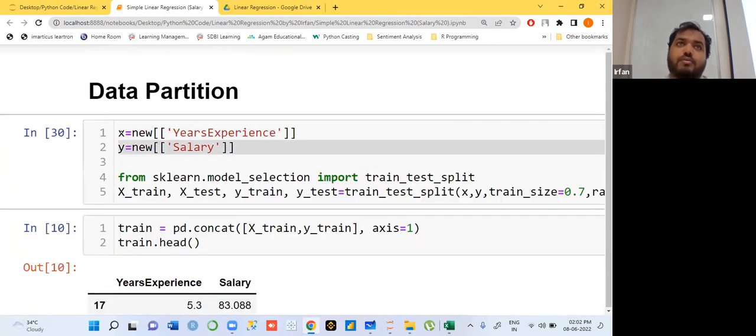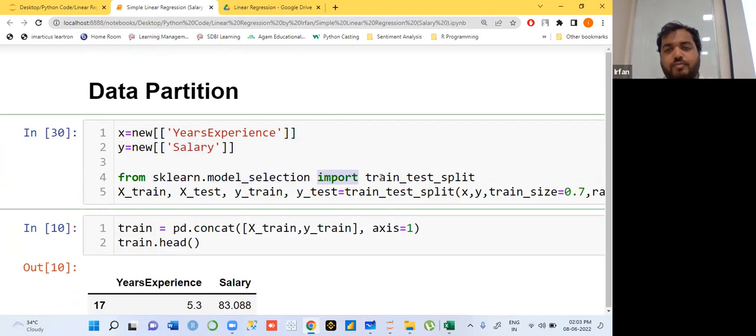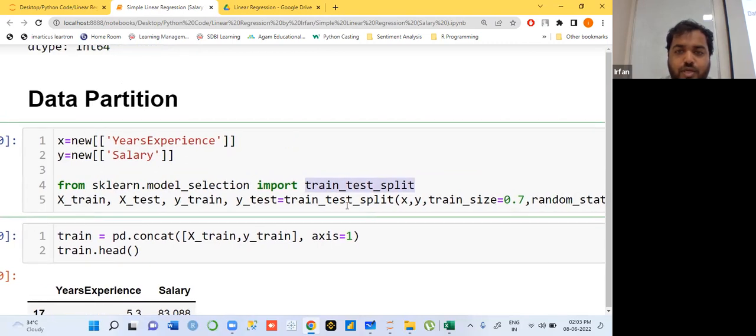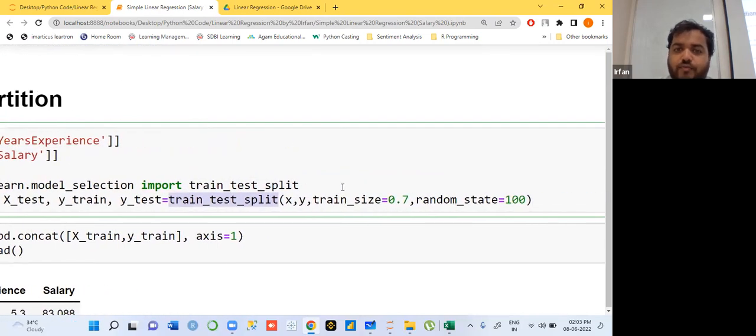This is clear. From sklearn, the main package, the sub package is model_selection. I want to import the function train_test_split. We are only splitting now. I need to split into train and test. First I give the value of X, second Y.